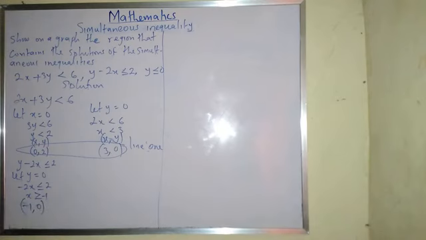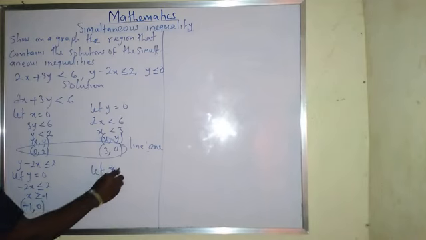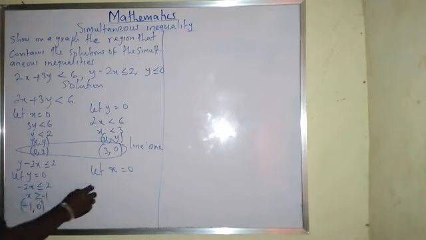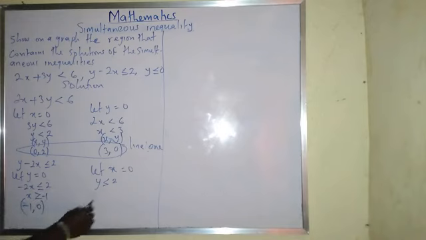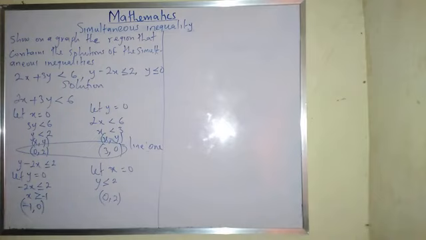That is very common. Now let my x equal 0. Once my x is 0, I'll have y less than or equal to 2. So x comma y is 0 comma 2. This one is a perfect line already. I have no problem with it.